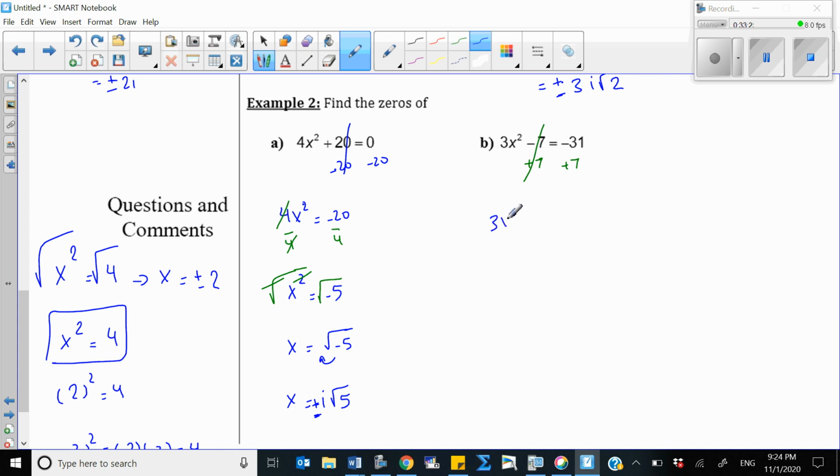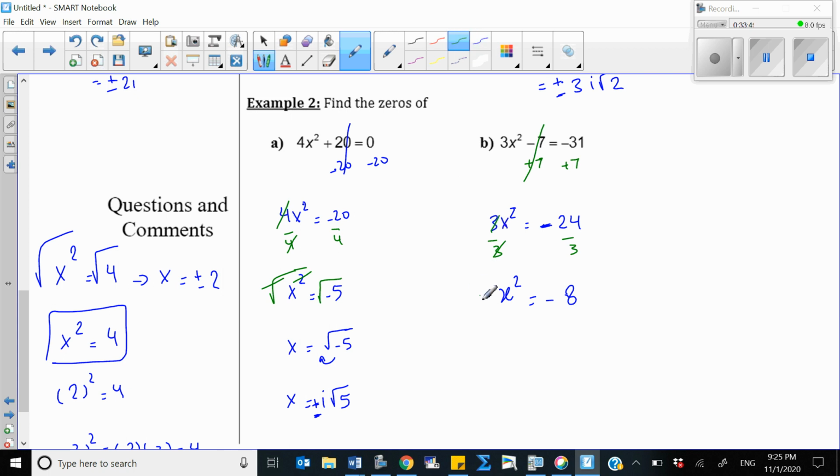This will be 3x squared equal to negative 31 plus 7, which is negative 24. Divide both sides by 3, and x squared equal to negative 8.